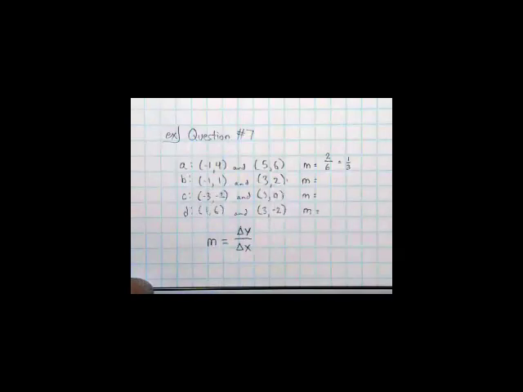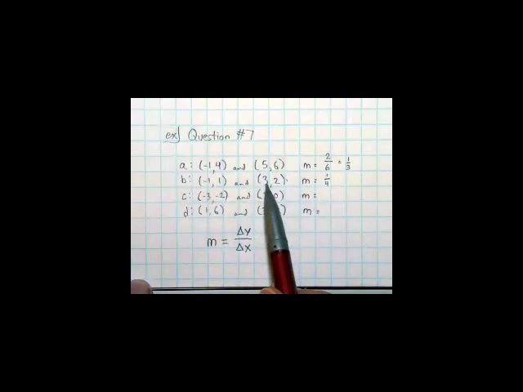Okay, next one. What's the change in the y? 1. What's the change in the x? 4. So I got 1/4 is the slope for that one. Okay, let me step you through it one more time. Change in the y. Y goes from 1 to 2. So it changed how much? 1. That's where this 1 comes from. -1 is the first x.